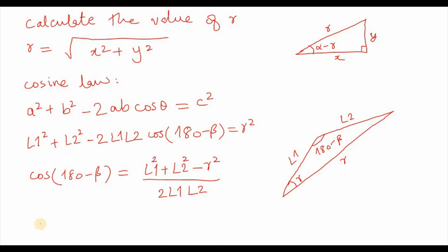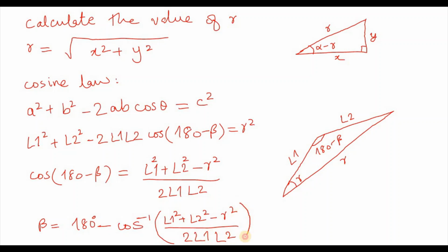So if you want to find beta, your beta will be 180 degrees minus cosine inverse of (L1 square plus L2 square minus r square) divided by 2 L1 L2. So that's how you calculate your angle beta.